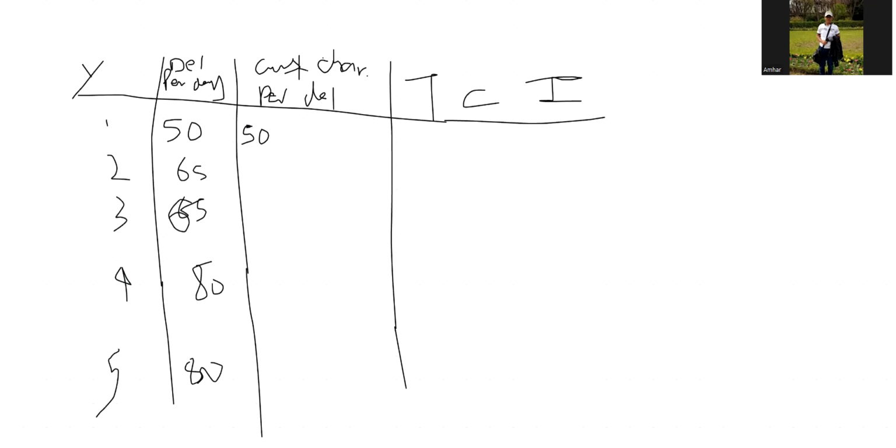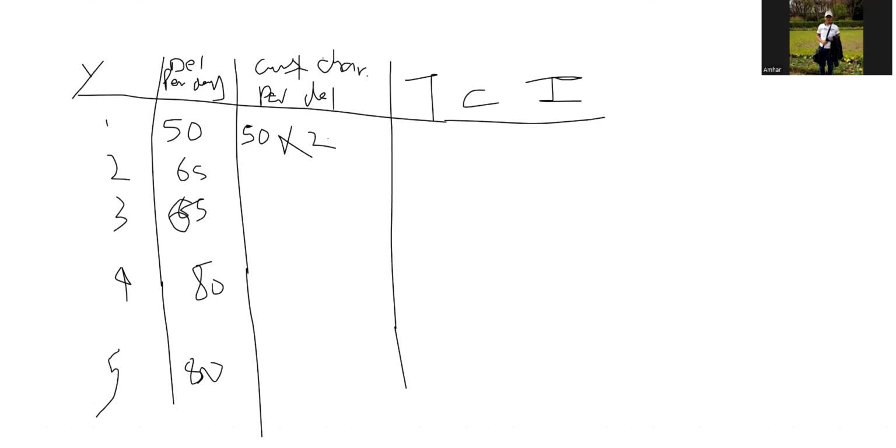You have to find that in the total cash inflow part. We are finding only the customer charges per delivery. So it's 50 into 2.50. Did you understand? Okay.